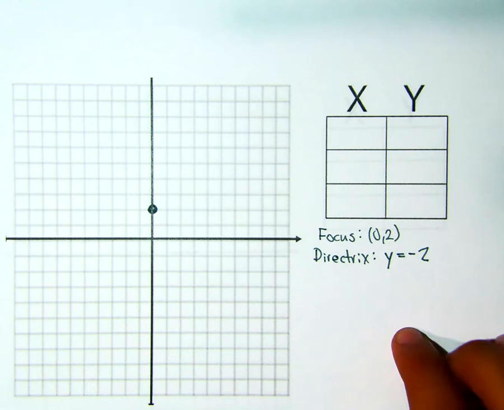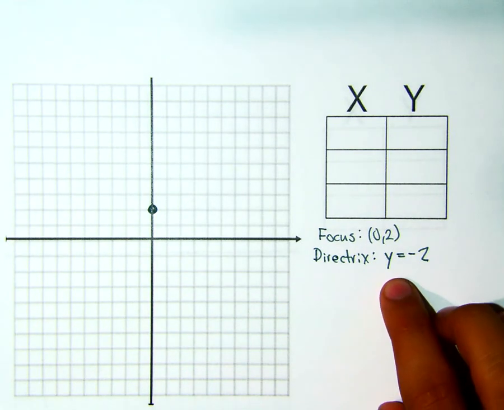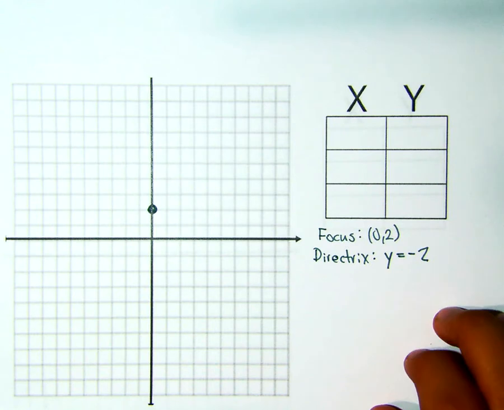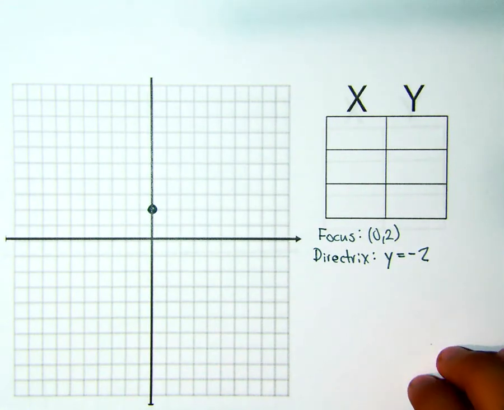How will we graph the line y equals negative 2? How do we graph that? What does it look like?